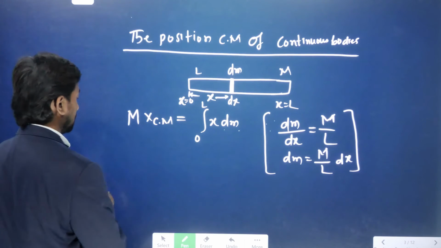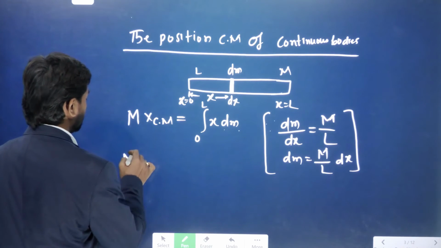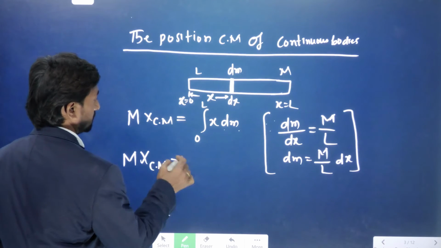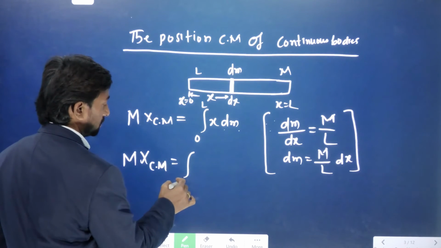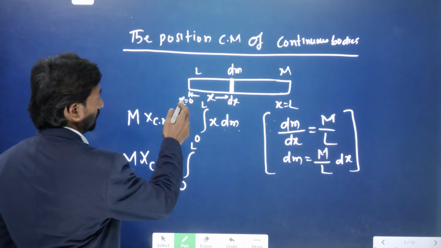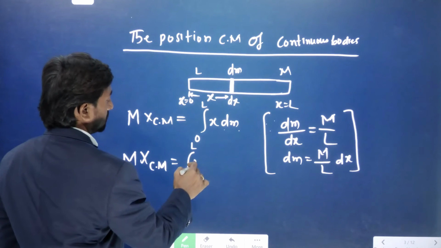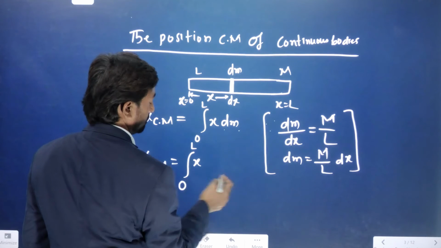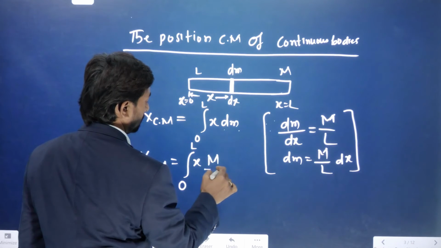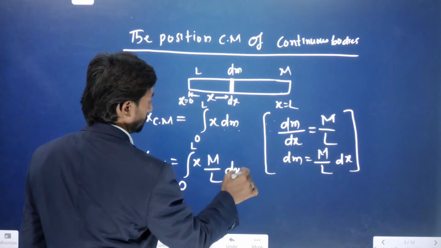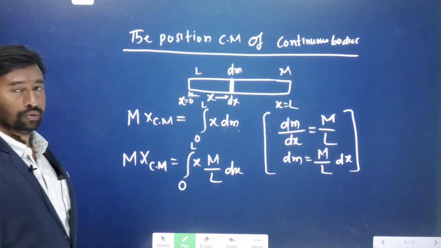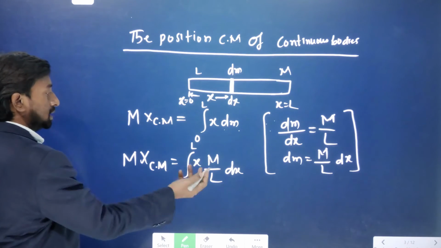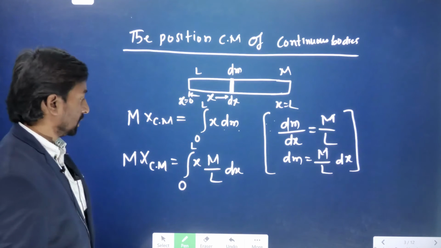Now M into the center of mass x_cm is equal to the integral from 0 to L of x into dm, and we got dm as M by L into dx. M by L is a constant, so it can be taken out of the integration.